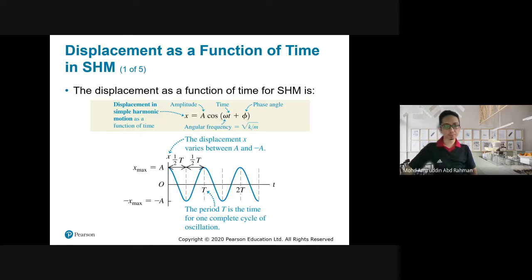The phase means that if there is another thing acting on the object, let's say we have two graphs like that, we can calculate the phi, meaning from this location up to that. So that is the phi.